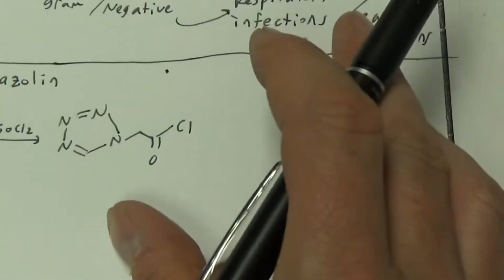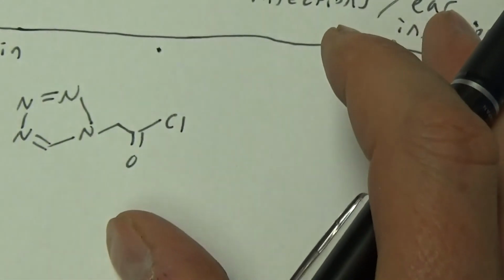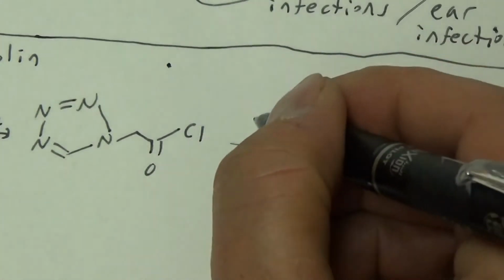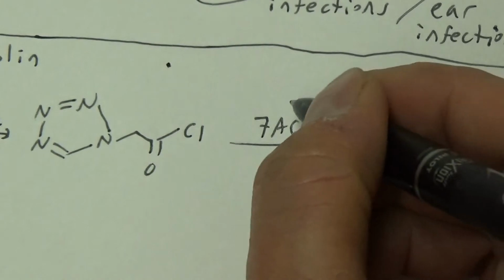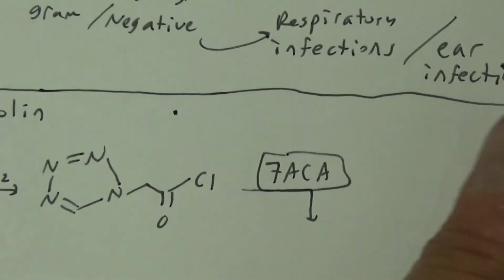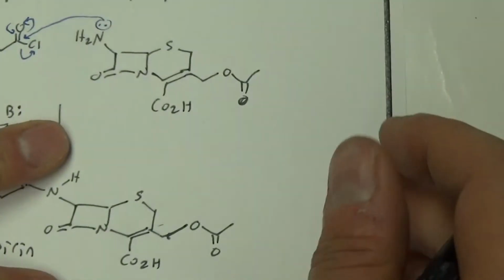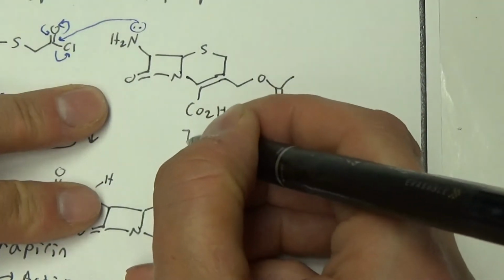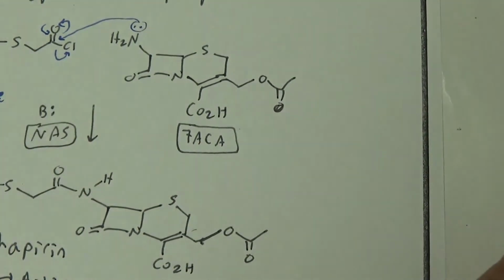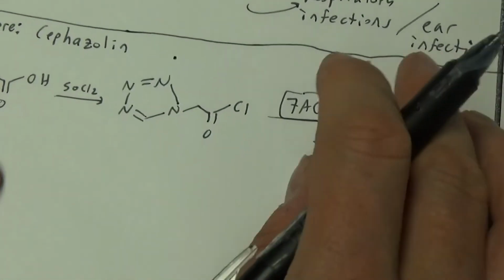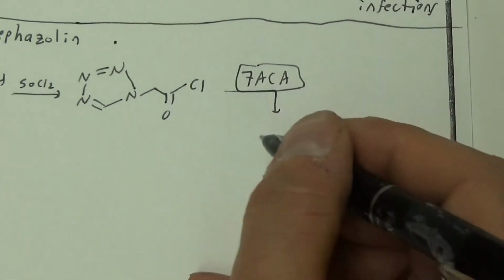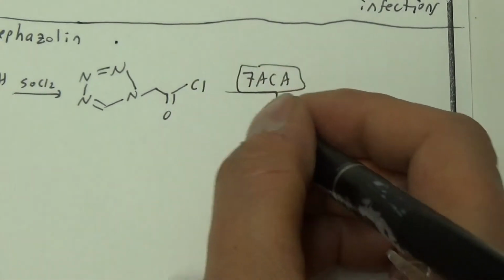Okay, so then we got the acid chloride, and now I'm not gonna redraw 7-ACA again, we just saw it. Actually, right up here, let's write in 7-ACA. So if we assume 7-ACA, what do we get? Now you get the cephalosporin, but there will be one more cool step.